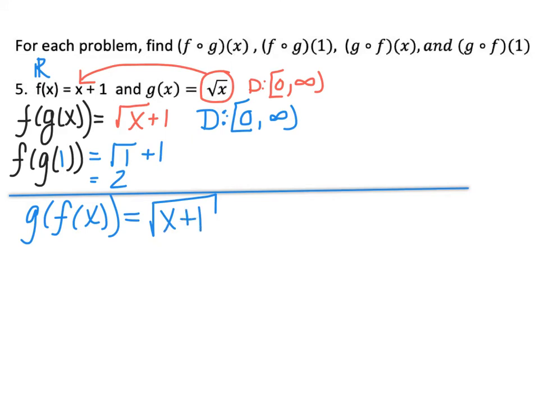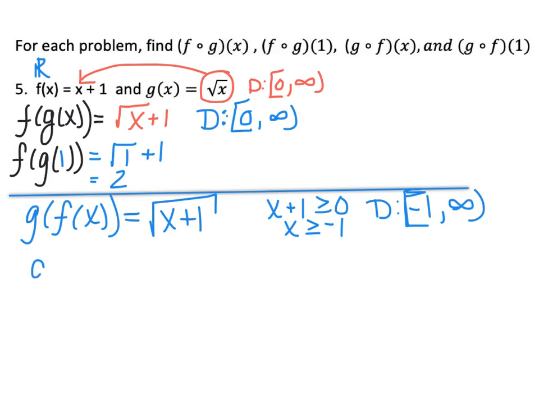And since I can't take the even root of a negative value, I need to say that x plus 1 must be greater than or equal to 0. So x must be greater than or equal to negative 1. So the domain of all real numbers, my inside function, and my new restrictions right here would just be x is greater than or equal to negative 1. So my domain is negative 1 to infinity.